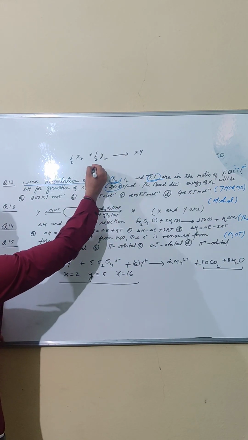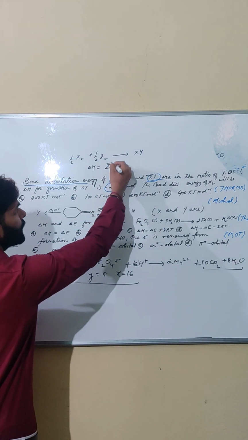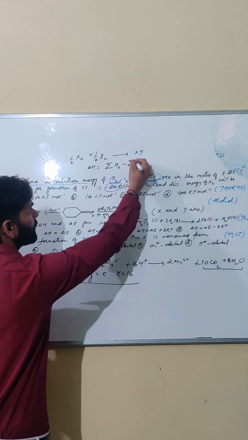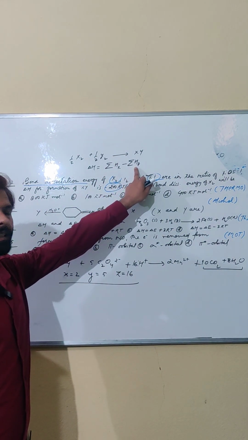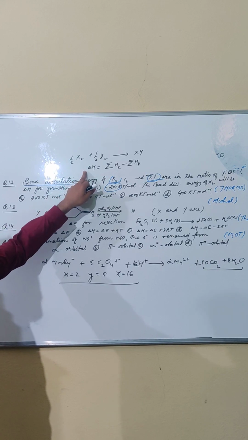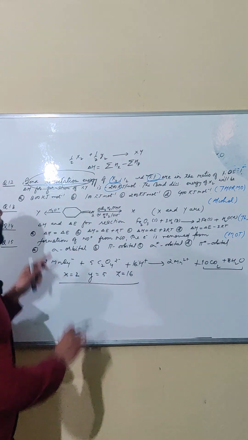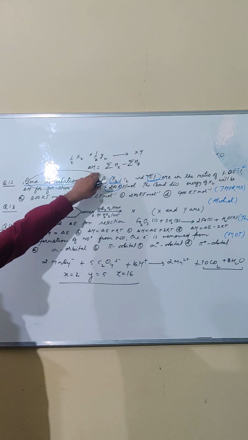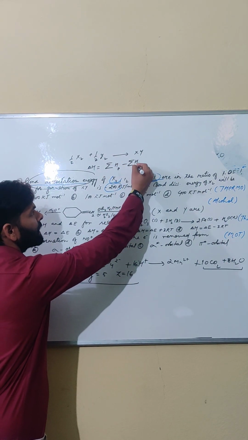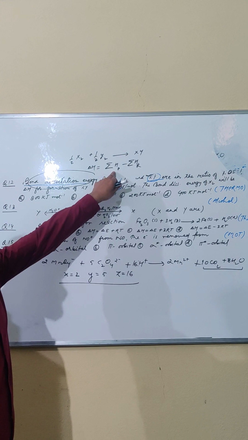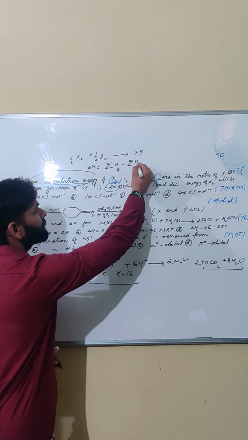Delta H, the enthalpy of reaction, when bond dissociation enthalpy is given, is written in this form, HR minus HP: enthalpy of reactant minus enthalpy of product is equal to the change in enthalpy of reaction. In other cases, except this, you will always use HP minus HR, but in this case we will use reactant minus product.